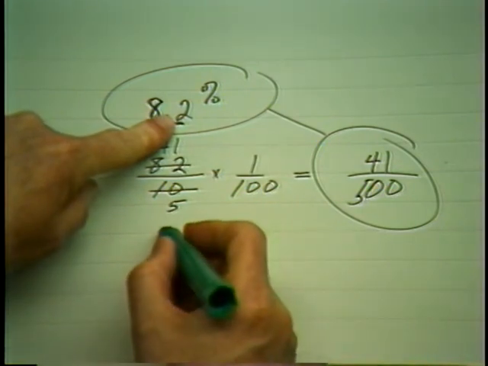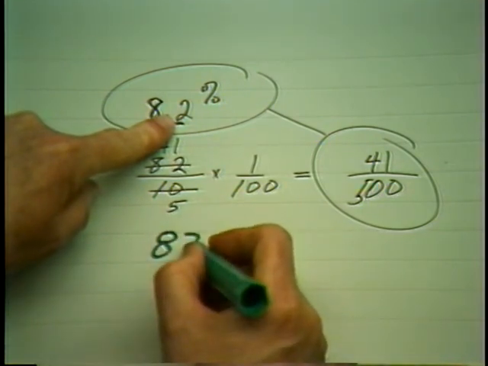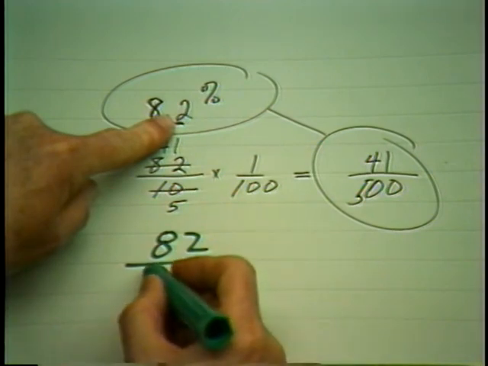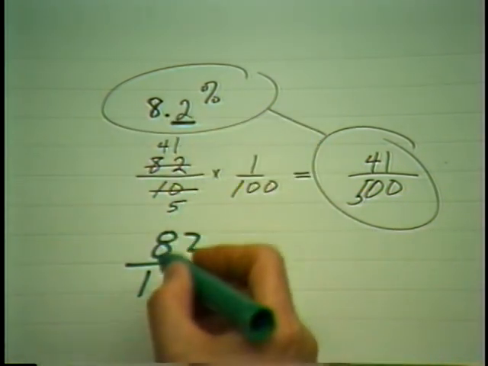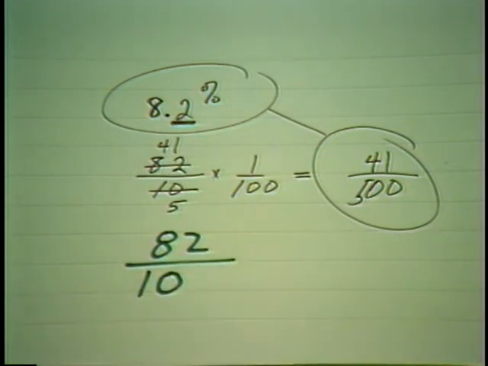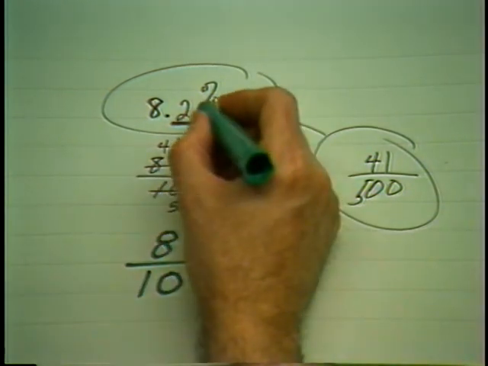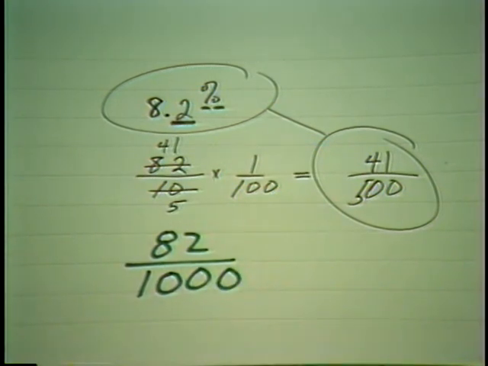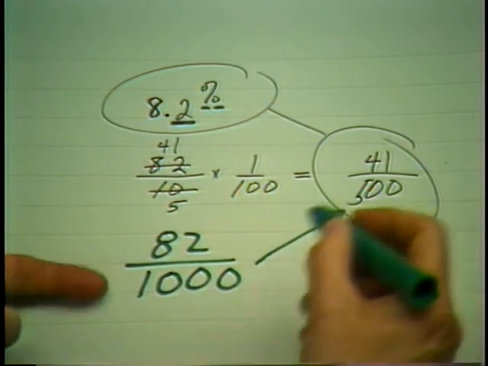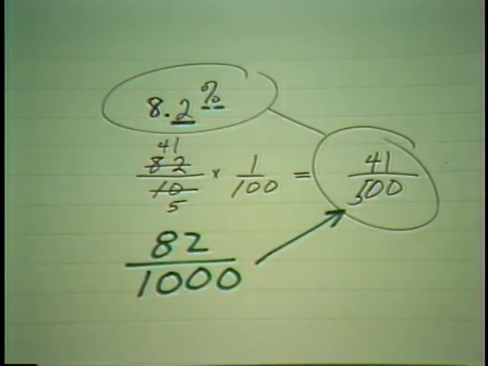Write it as a fraction, so that would be 82 over 1. Then give it a 0 for each decimal place, and then 2 zeros to account for the fact that I have a percent. Then reduce that, and you would get the same thing.